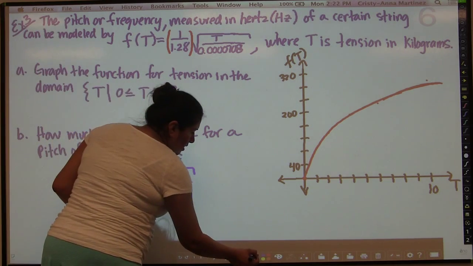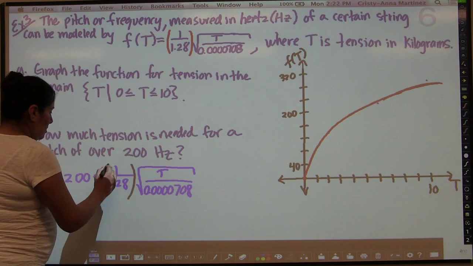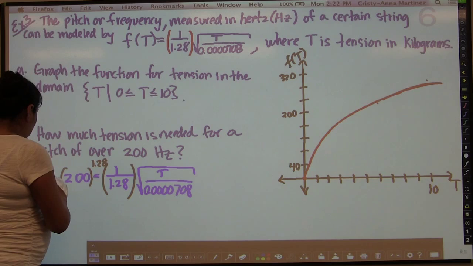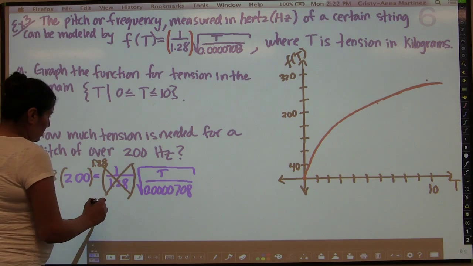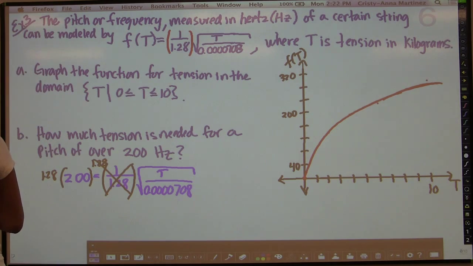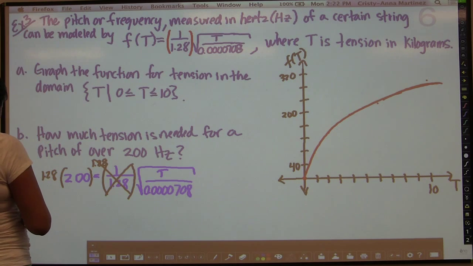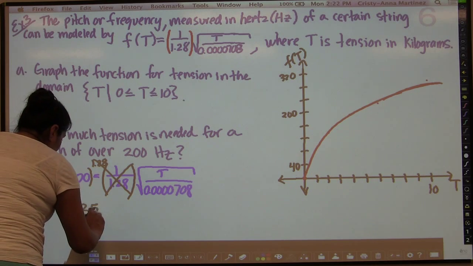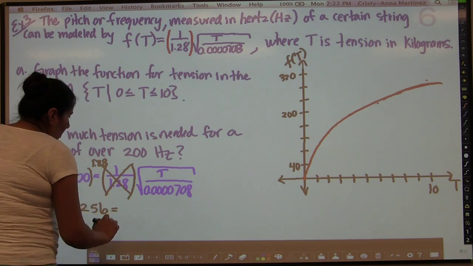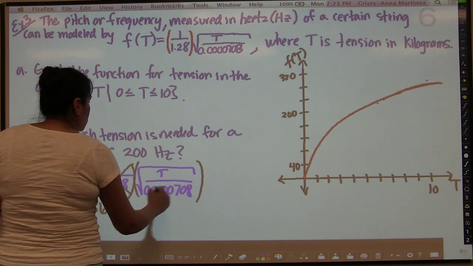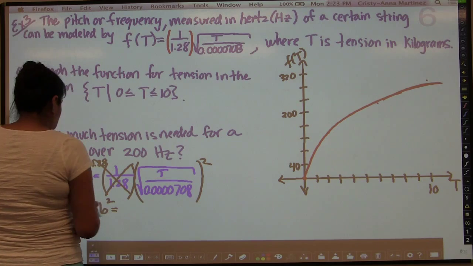So the first thing I want to do is to multiply by 1.28 on both sides to get rid of this little fraction here. And so 200 times 1.28 is 256 equals the square root of all that. To get rid of the square root, we are now going to square both sides.